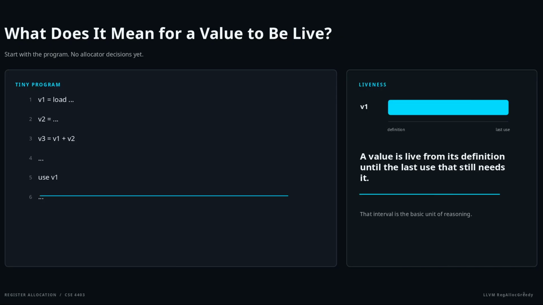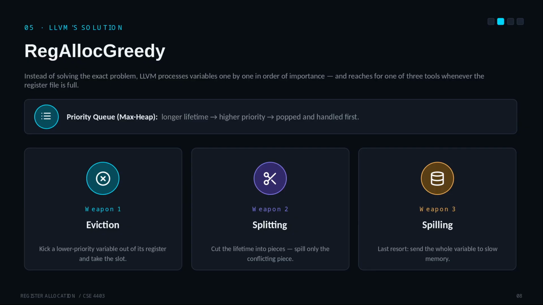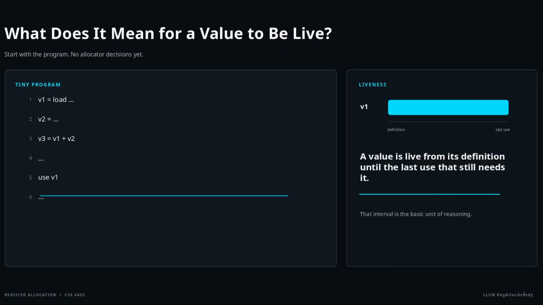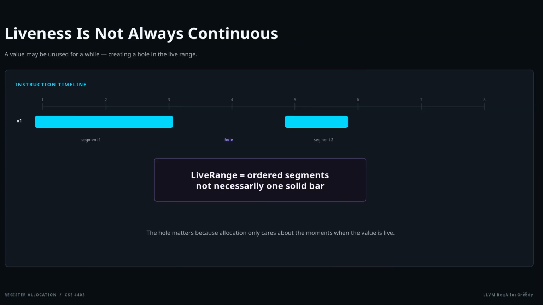We have been talking about liveness for a while now, so what does it mean to be live? A value is live from its definition until the last use that still needs it. Liveness is not always continuous. Maybe it will be used for 2 or 3 instructions at the beginning, then it won't be used for a long time, then it will be used again for 6 or 7 instructions.